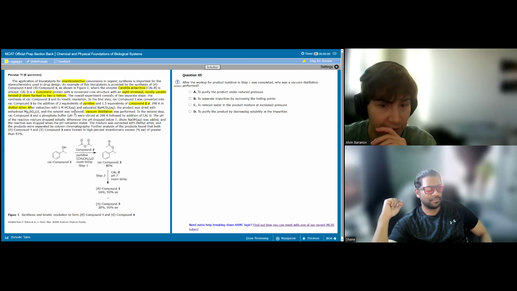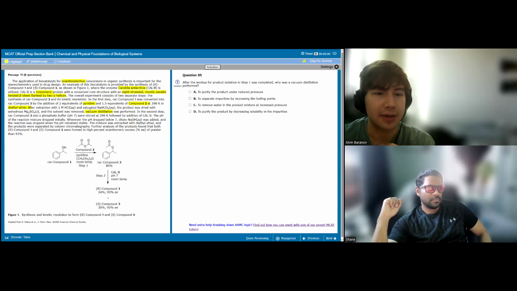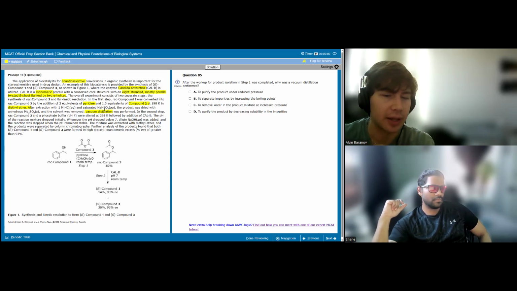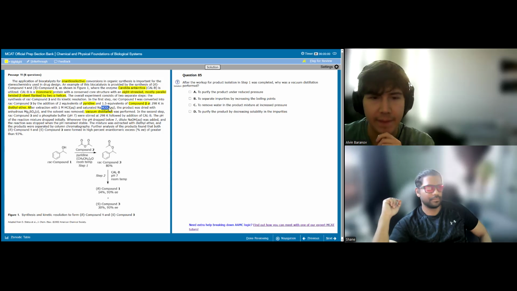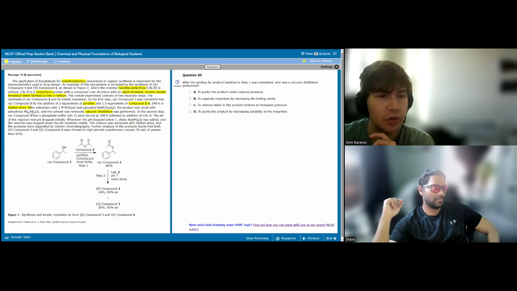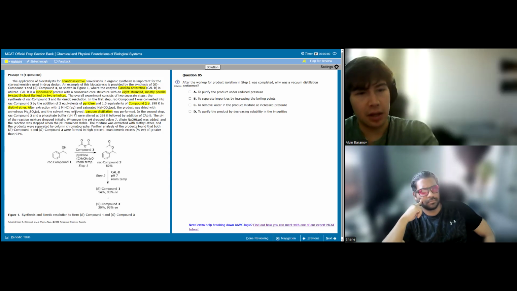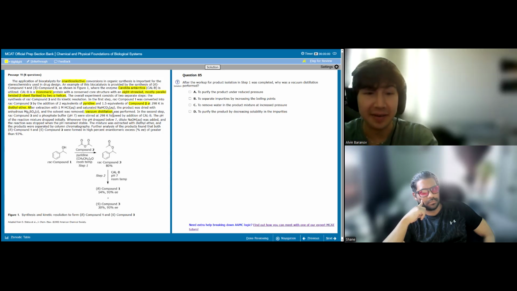After extraction with hydrochloric acid and saturated NaHCO3, the product was dried with anhydrous Mg2SO4 and the solvent was removed. Vacuum distillation was performed. Now, what is vacuum distillation? When I was reading it, I was like, oh crap. Honestly, I forgot, so it's another reason why I wanted to go over this with you. They're gonna ask a question about this.